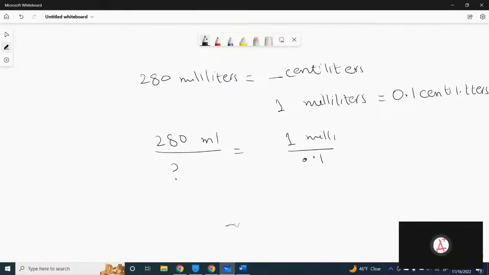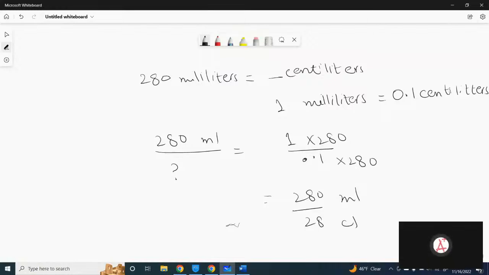So it would be 1 times 280 divided by 0.1 times 280. So it equals 280 divided by 28. That means in 280 milliliters you have 28 centiliters. Got it? So the correct option is 28.